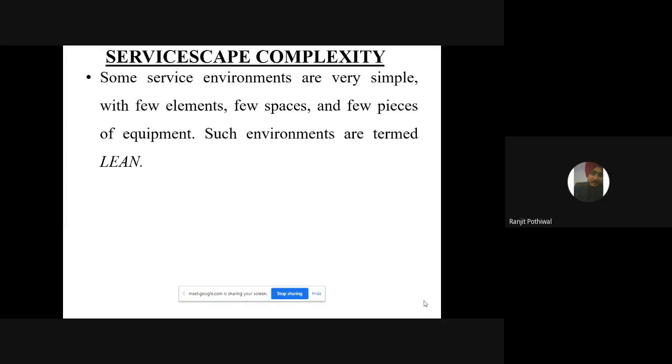Okay, there are some service environments which are a bit complicated. These are termed elaborate environments. For example, a hospital with many floors or many rooms, like in big hospitals, if you go, you will get lost. You need the help of somebody to reach the ward or your targeted place, or even the room where the patient is being treated.